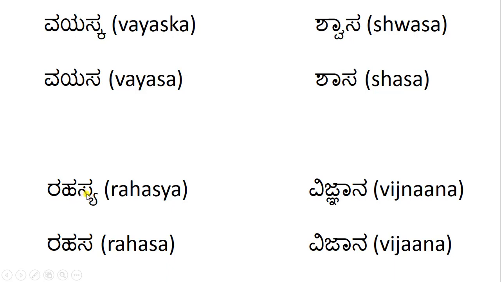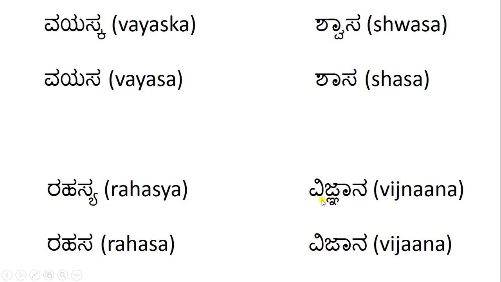Even if we write this as sa, we pronounce this as the root consonant of this, s, and this as whole. Rahasya. And this is not rahasaya. It is rahasya.